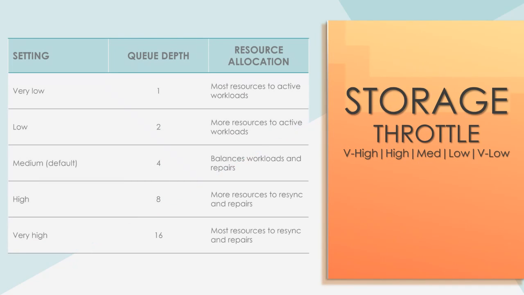So let's move further forward. This table here talks about the different types of queue depths and Microsoft's recommendation for storage throttle. At the top end, you've got very high queue depth of 16, 8 for high, and 4, which is the default out of the box. And then you've got low and very low.